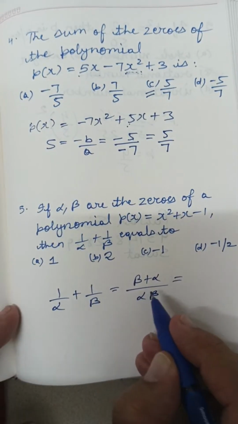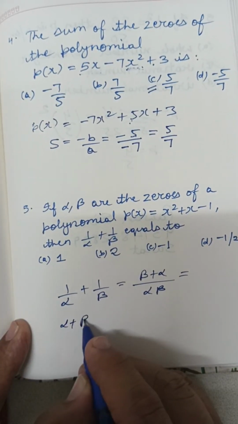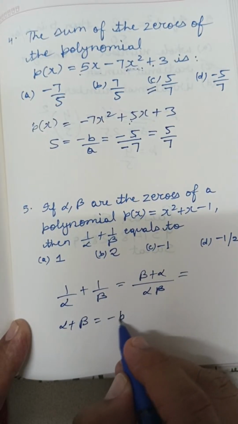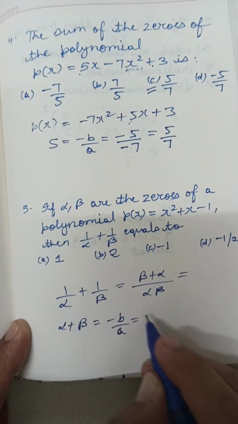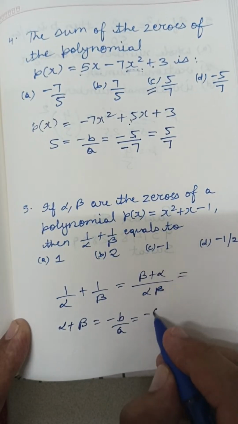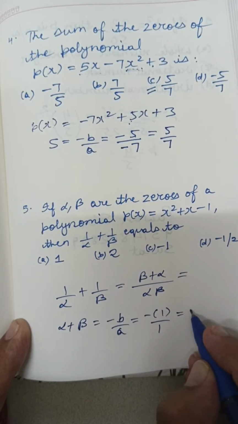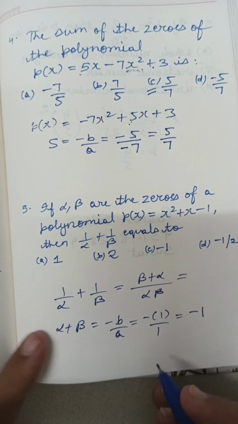Alpha plus beta is sum of zeros. Here alpha plus beta, what we get? As you know, it is equal to minus b by a. And what is b? B is 1. So minus 1. And what is a? A is 1. So it is minus of 1.